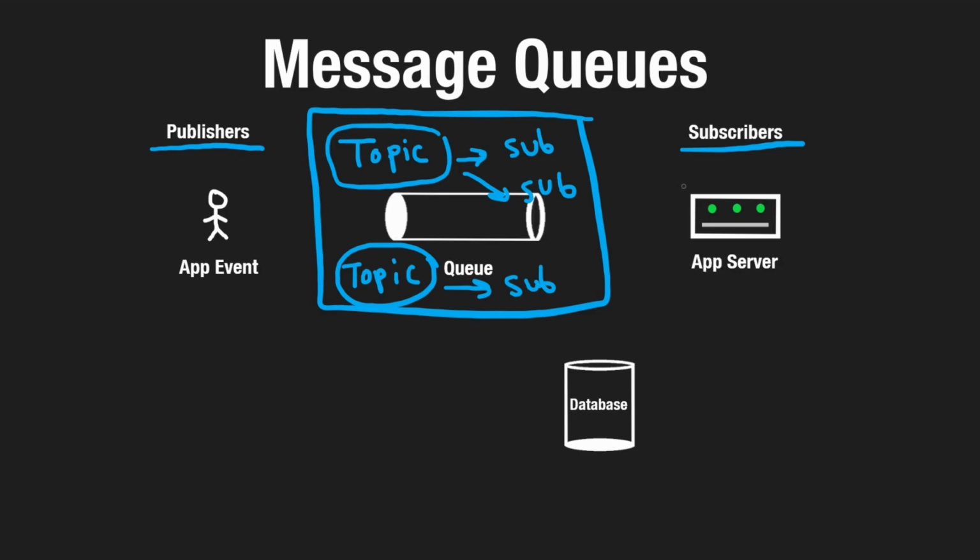Maybe we have just a single app server that we need to receive all of the analytics events, and then from those analytics events, we write it to some logs database or something like that. But for this payments information, we actually need two services to receive from them. One service is going to process that payment, and then another service is going to do something with it, maybe back it up to a database or back it up to some data warehouse.